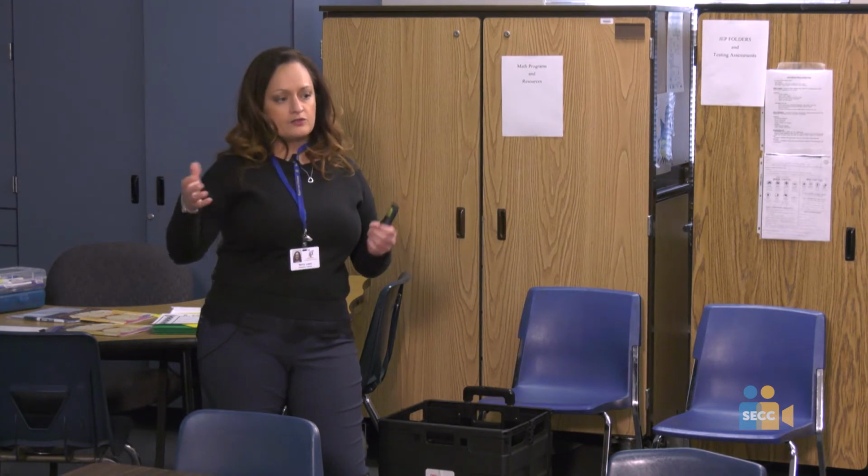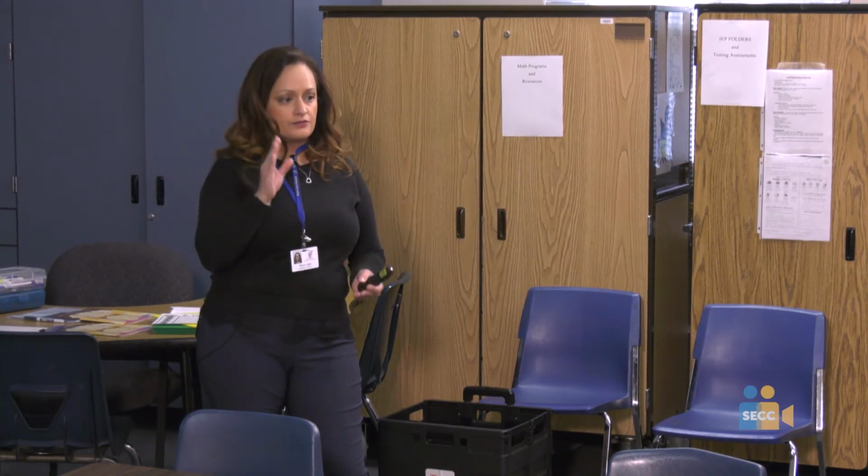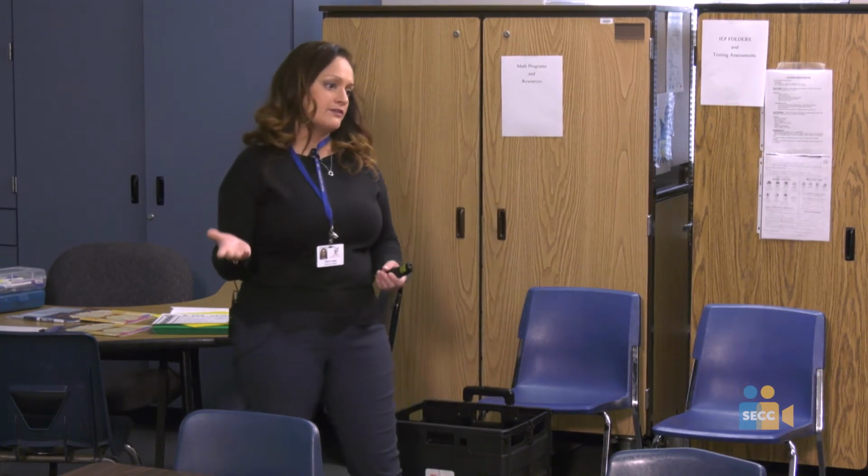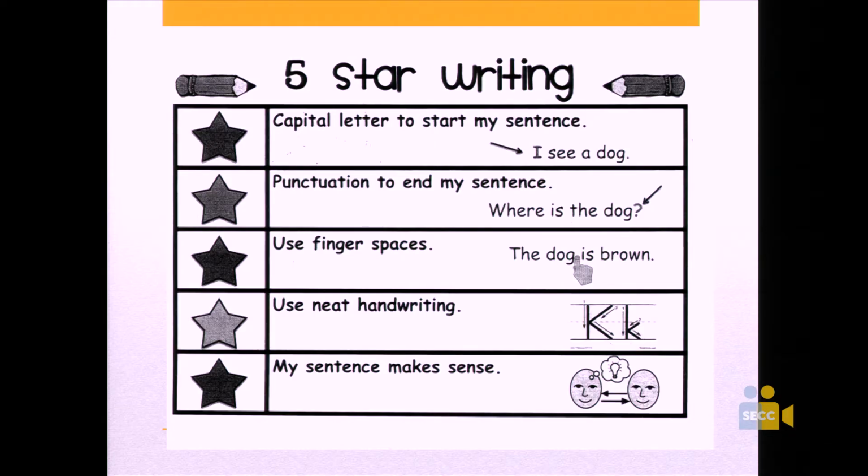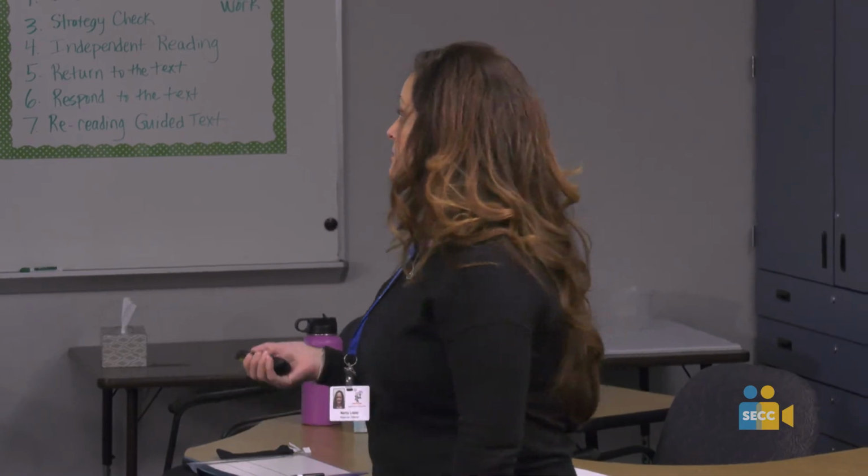So we want to just remind them that only the first letter is capital, or if it's their name or a proper noun that they're using in between their sentence. Okay. The second one is ending with the punctuation, and for the most part in kinder they use a period. Okay. Later on, they'll start to figure out that if it's a question, it's a question mark, and if they're really excited about something, it's an exclamation mark, okay?